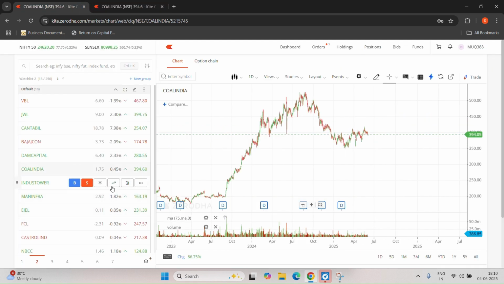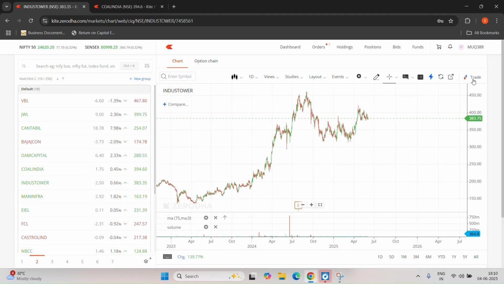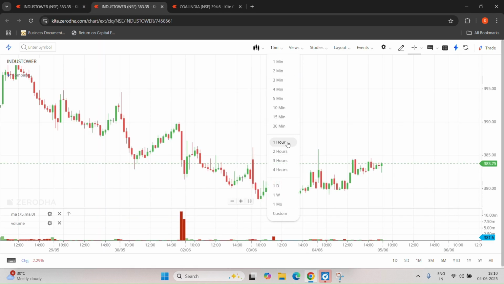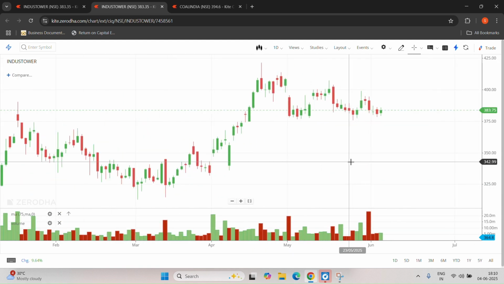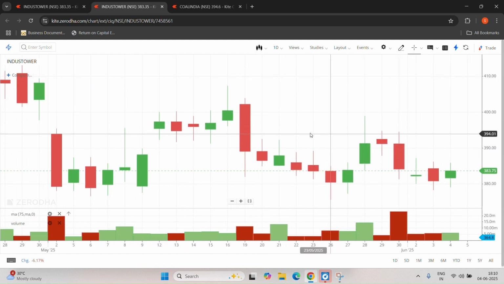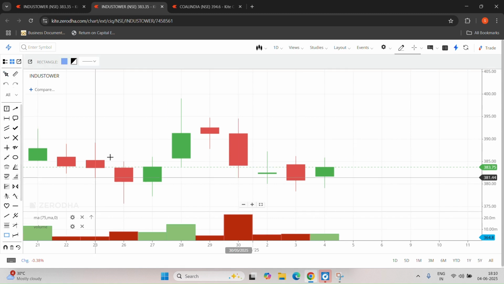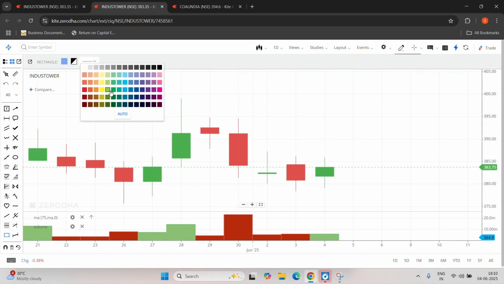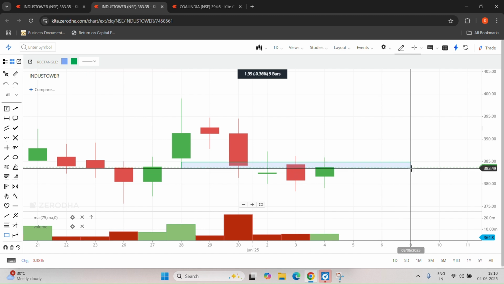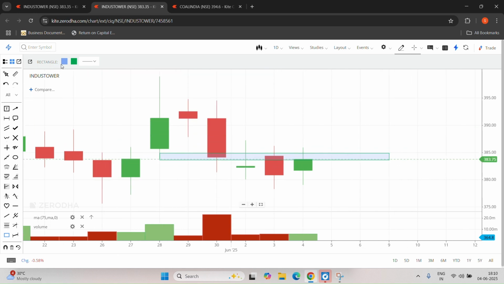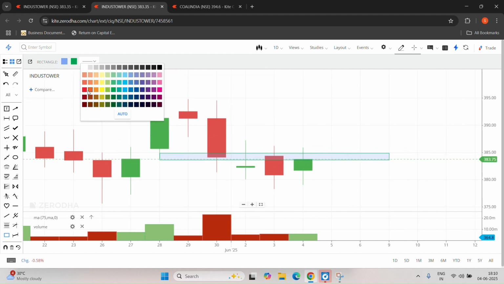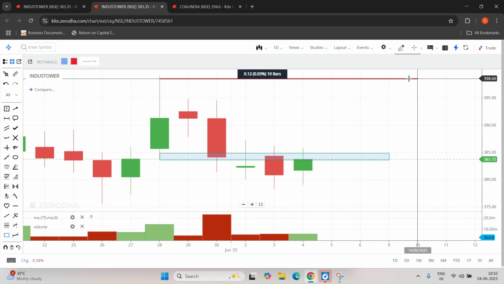If you go on another stock, that is Indus Tower, you will be able to see the same things. Again, what you have to do is find heavy volume candles. Say suppose you wanted to trade today, just see the previous ones near that particular zone. So here I can find one support, resistance.